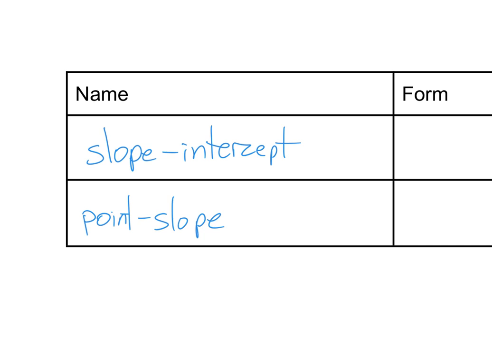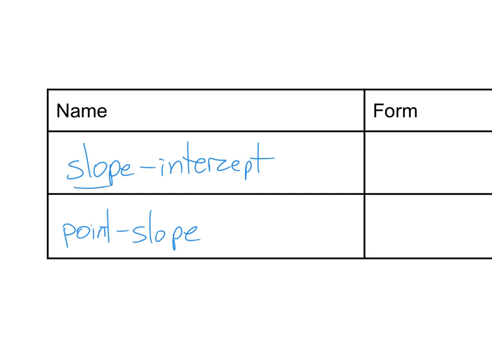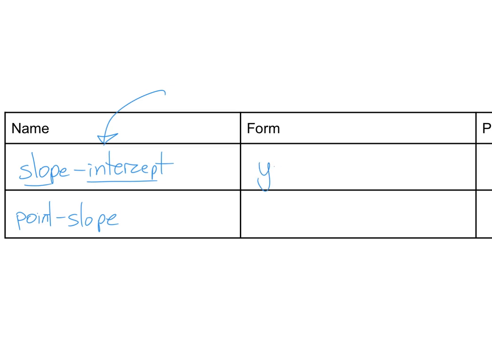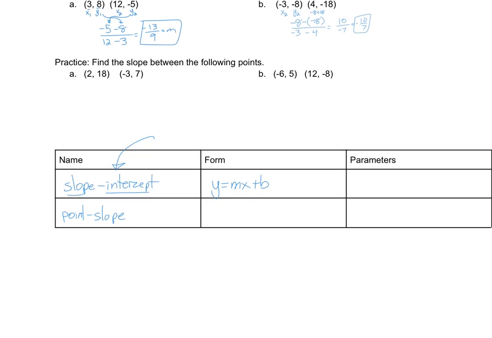If I have the slope and the intercept, I'm going to write this one. This is the one you're familiar with, y equals mx plus b. And the parameters, that just means m is the slope, b is the y-intercept. So if I have the slope and intercept, I'm definitely just writing this, and I'm done.